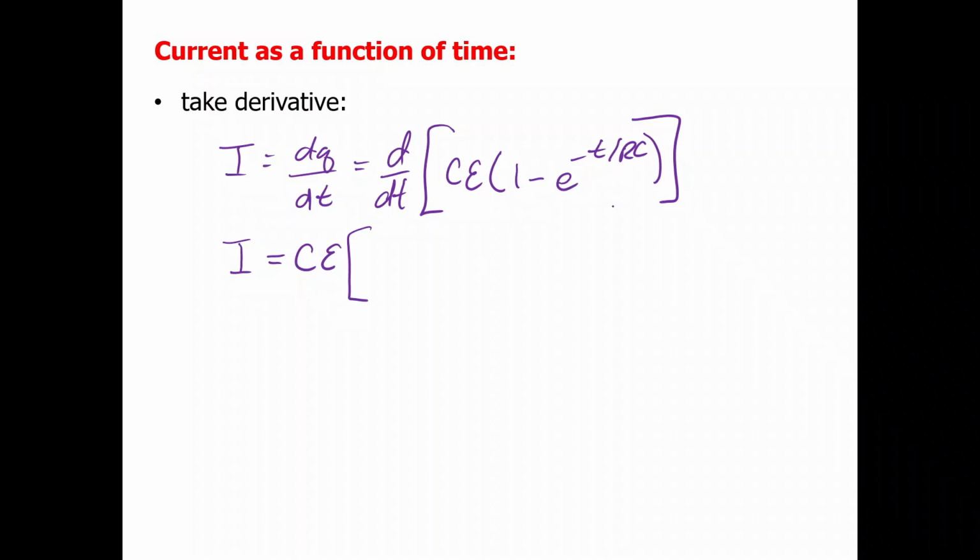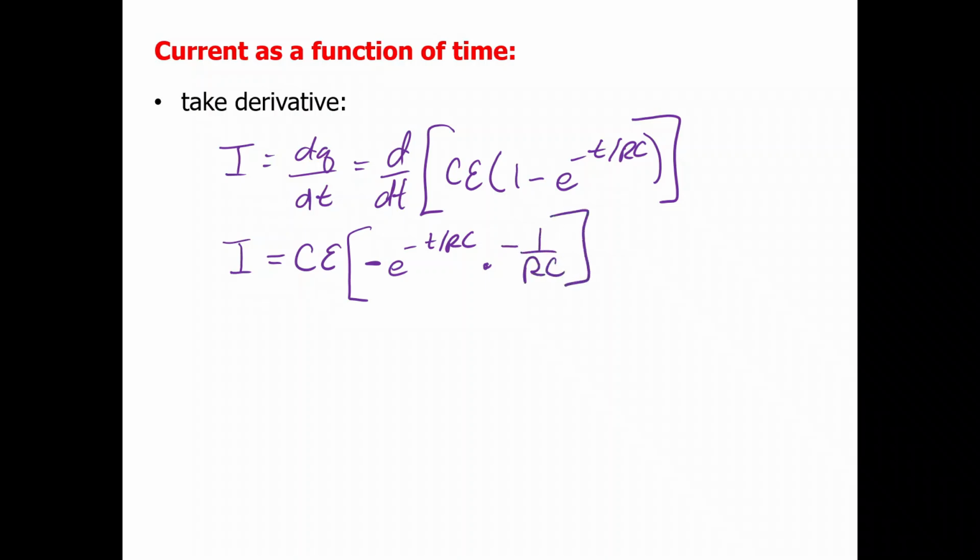Then I do have to do a chain rule. The derivative of an exponential function is the same thing, so I'm going to have the minus e to the negative t over RC, but then I have to multiply by the derivative of the inside. The derivative of what's inside that exponent, minus t over RC, is minus 1 over RC.